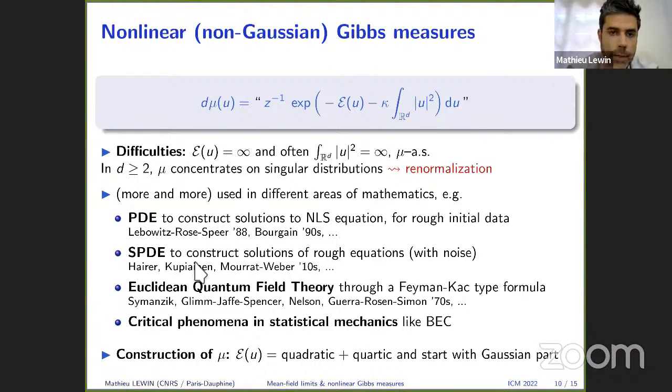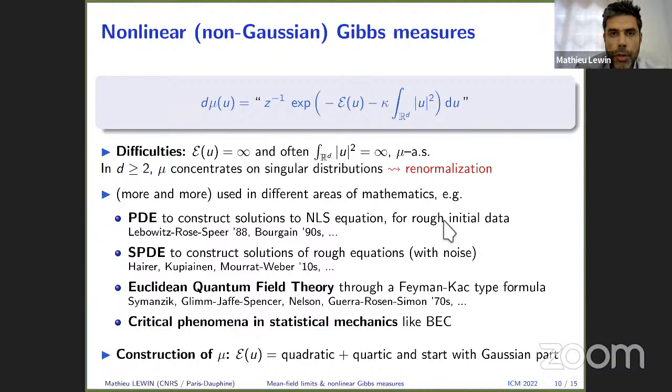The idea is that they naturally arise as the long time asymptote of the flow. But otherwise, these measures were constructed way back in the 70s in the framework of constructive quantum field theory, in the Euclidean framework, by Nelson, Glimm, Jaffe and others. So we know everything about these measures. The question is really to understand how they arise from quantum mechanics.